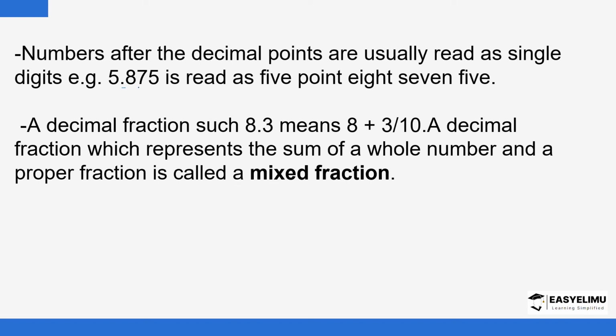One can be tempted to read this as 5.875. That is not right. The digits after the decimal point are supposed to be read as single digits. So you read it as 8, 7, 5, not 875.